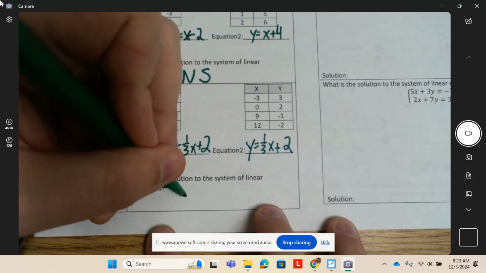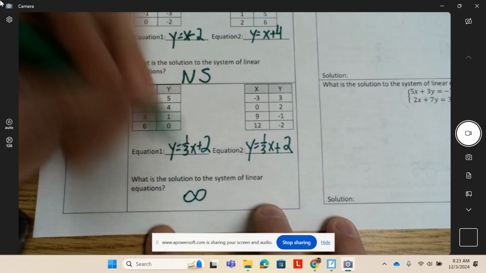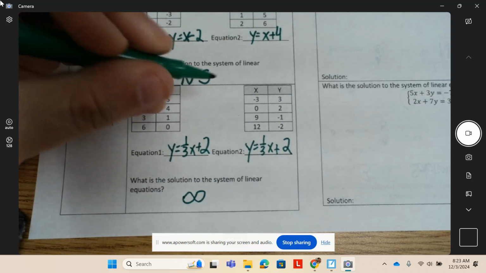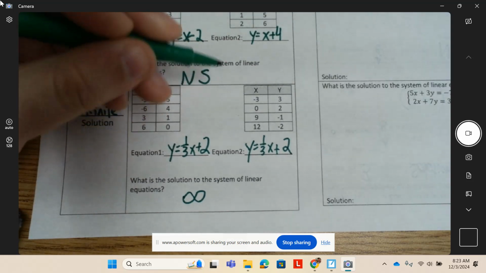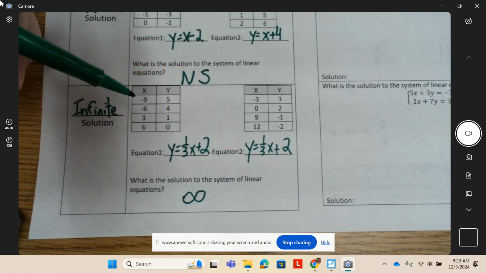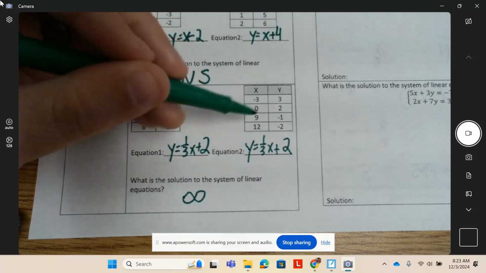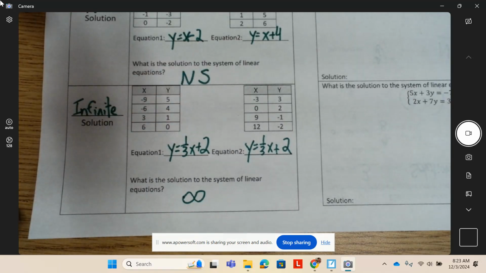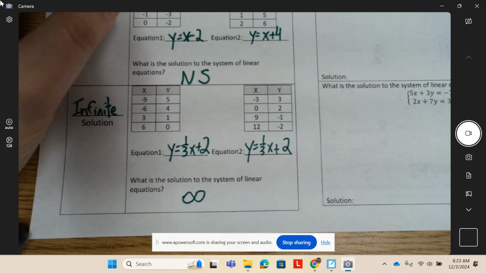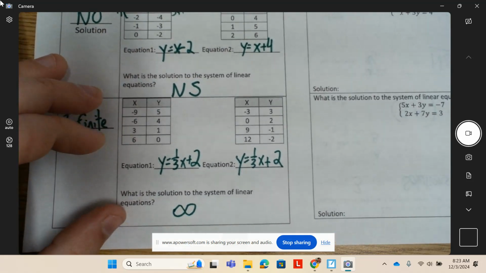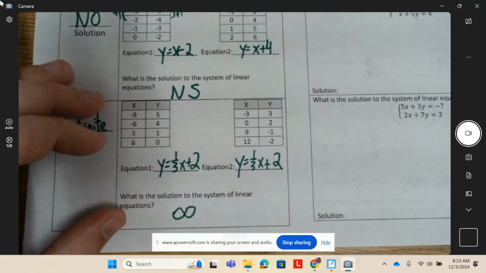So those end up being exactly the same. And notice they won't give you many of the same points, if any at all. So even though these tables look totally different, they increase and decrease at the same rate, and they both end up with that same y-intercept. So those are using tables for that. You'll see that every once in a while, but if we know how to put it in Desmos, that'll be most helpful for you.